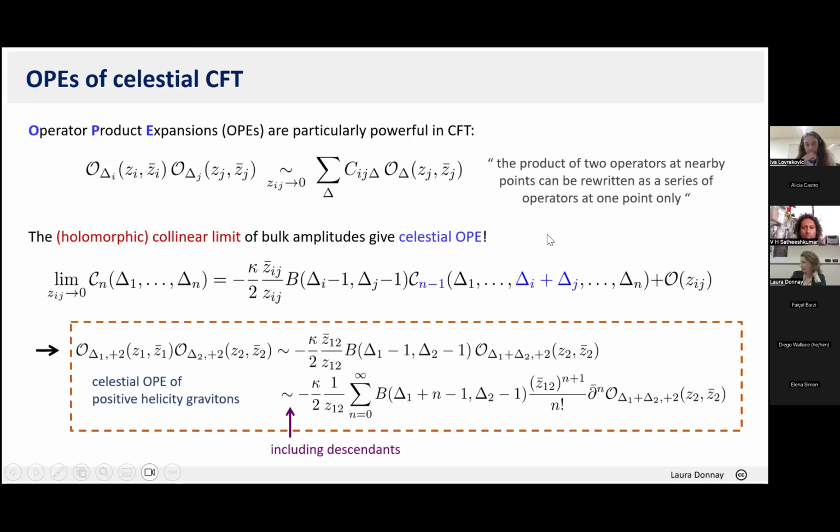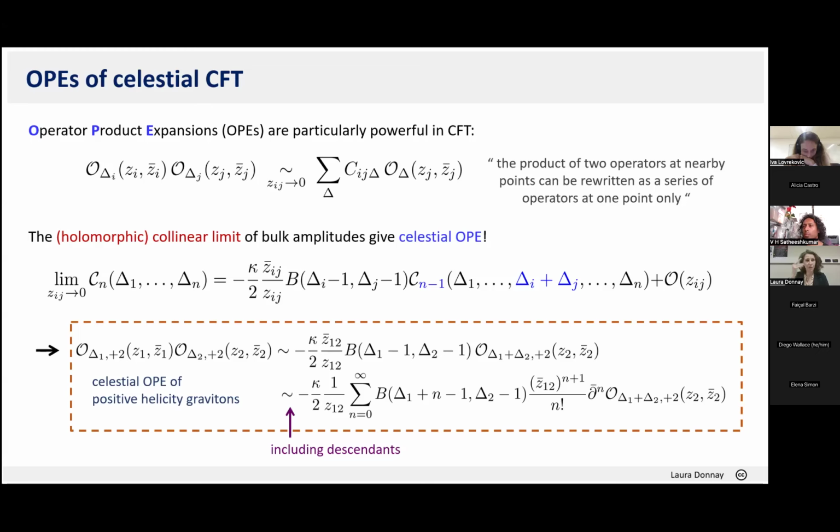Let me say something extra: here we have gone the long, more painful road, even though, come on, it's not that painful, but there is another way to derive this OPE and see that the OPE coefficient is a beta function. It's by imposing symmetries. You start from a generic expression for an OPE, and then you impose the asymptotic symmetries, which I'm going to turn on next.